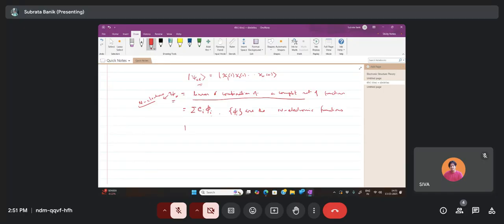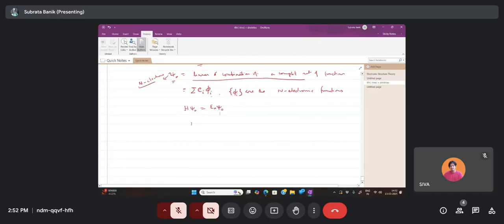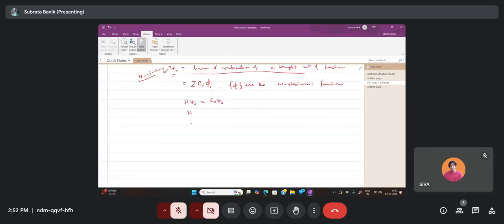And then we have to solve this equation: H psi 0, where psi 0 stands for the ground state, equals E 0 psi 0. For all states, I can write H psi_I equals E_I psi_I.